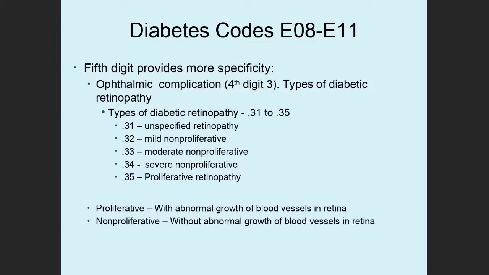And here are some more of the fifth digits. You have ophthalmic complications, which is fourth digit 3, and then you have the type of diabetic retinopathy, .31 to .35: unspecified, mild non-proliferative, moderate non-proliferative, severe non-proliferative, and proliferative.